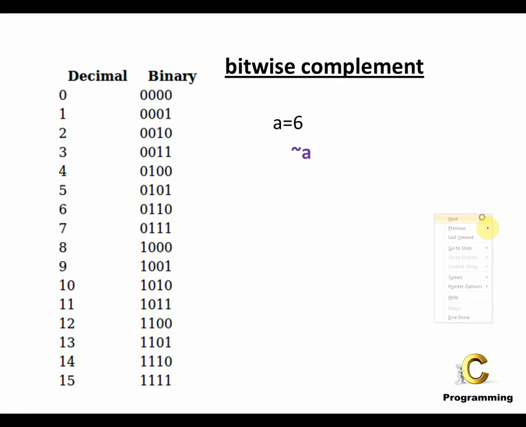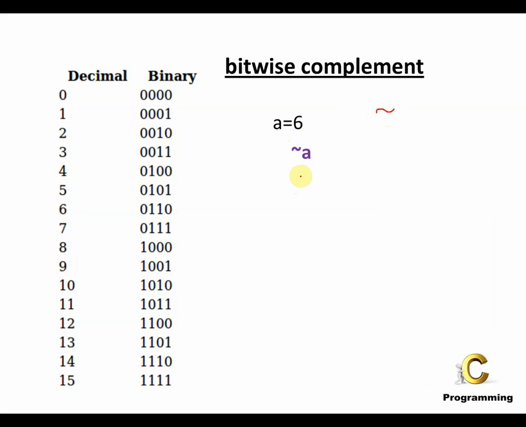Let's go on to the next type of operator, which is bitwise complement. So bitwise complement is represented by this tilde sign. Let's take one example. You see over here, A is equal to 6, and you have to perform the bitwise complement of 6.